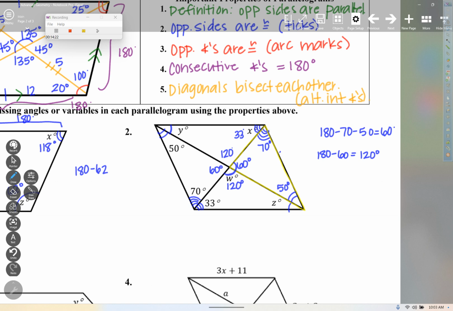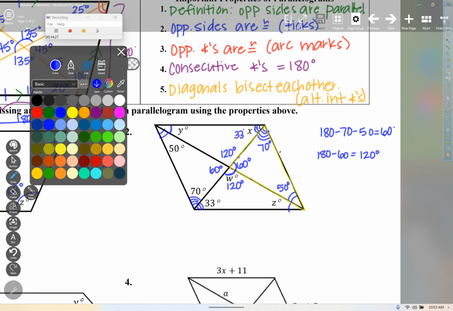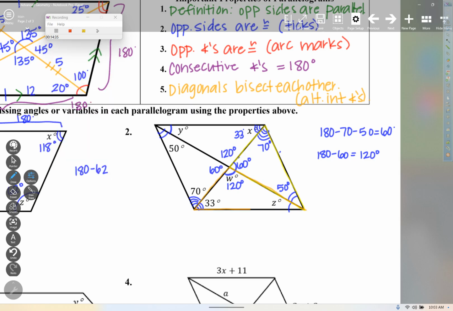Okay, I think I have enough information to find everything else, which I'm missing Y and Z. So if I use this triangle to find Z, I know that triangles are 180 degrees, and I'm going to subtract 120 and 33, and it gets me 27.